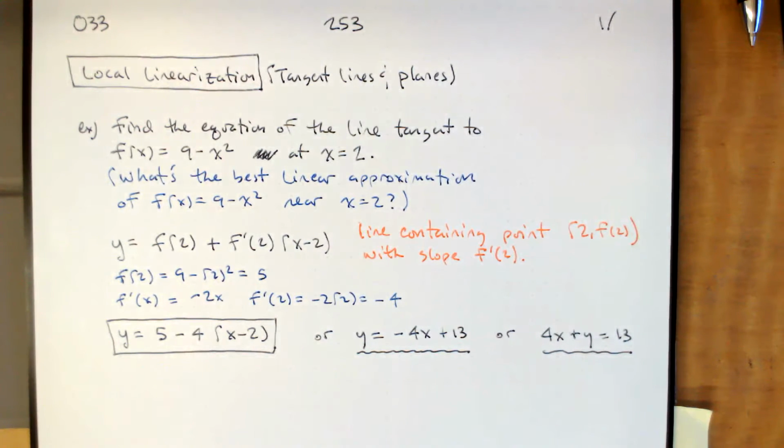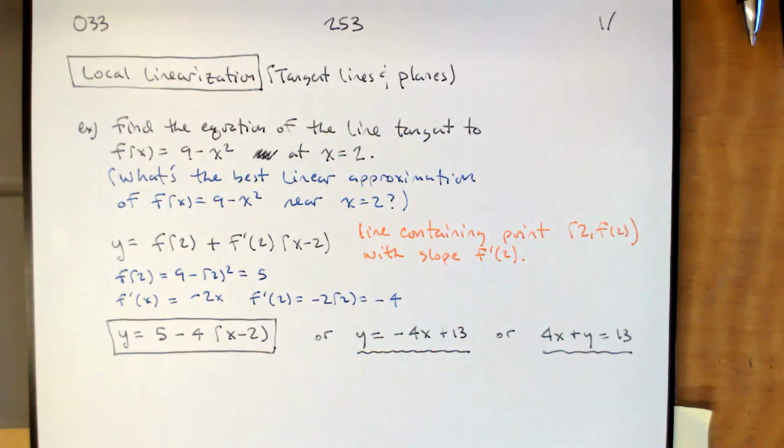Usually we follow up this question by asking to approximate the function 9 minus x squared, which does seem kind of ridiculous because it's a simple function. Let's pretend that f of x is some wacky function at this point. So if we wanted to evaluate or approximate the function near 2, I could just plug, say, 2.1 into the equation of the line. And we would see that 0.1 show up in the x minus 2.